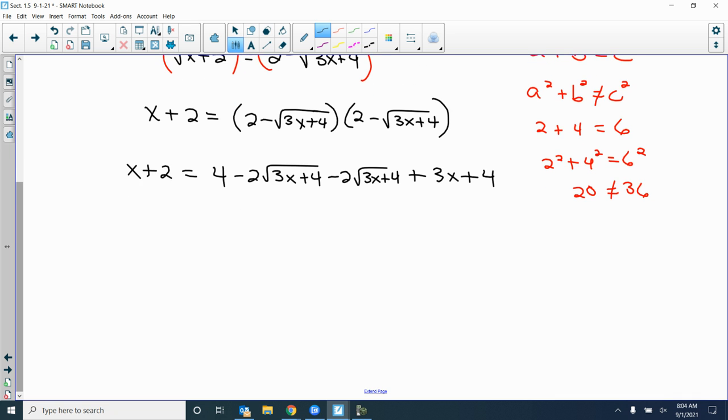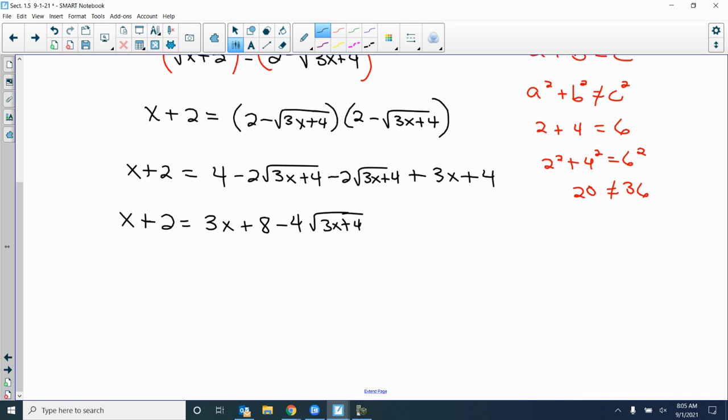I'm going to simplify anything I can on that right-hand side. X plus 2, there's nothing I can do here. And so I get 3x plus 8, and then this is going to be minus 4 square root of 3x plus 4.